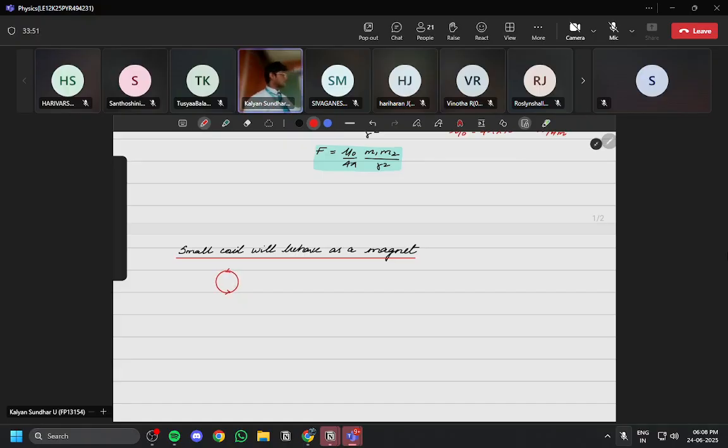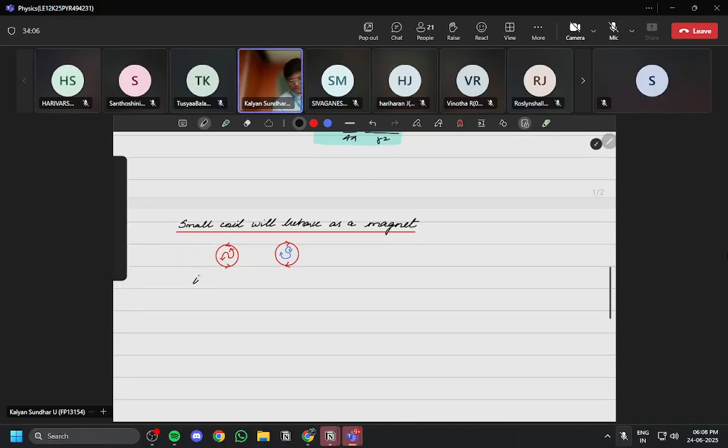If it's in the anti-clockwise direction, it is N, and for a clockwise direction, this will be S. So here your current I is anti-clockwise and here I is clockwise. N and S, north and south pole, will be acting as a bar magnet.